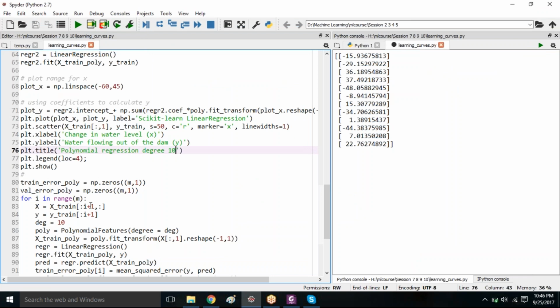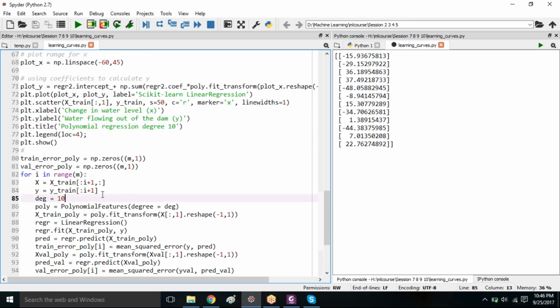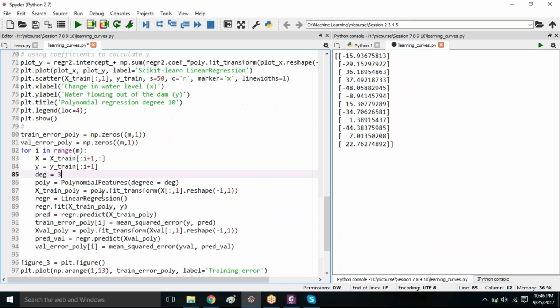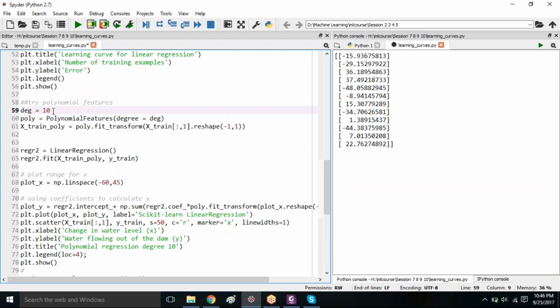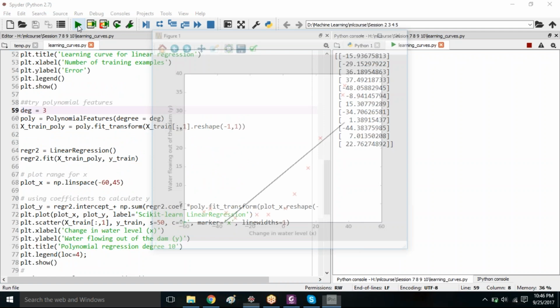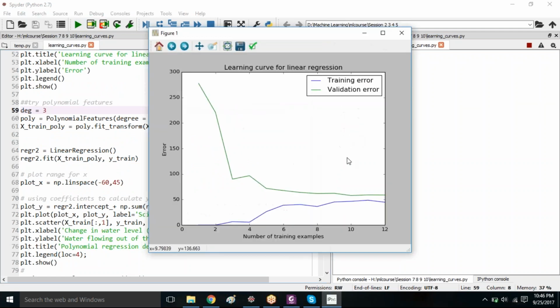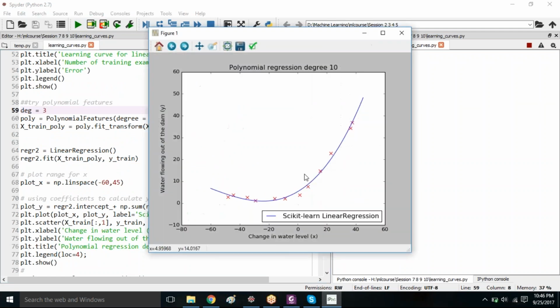If I go down again, maybe with degree 3, I will show you again. The data point on the y-axis lies between 0 and maybe 40 or 50, right?